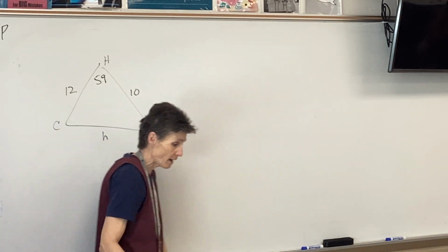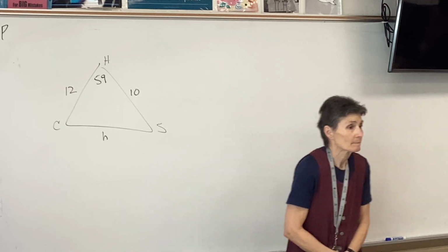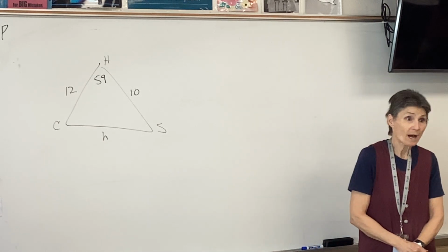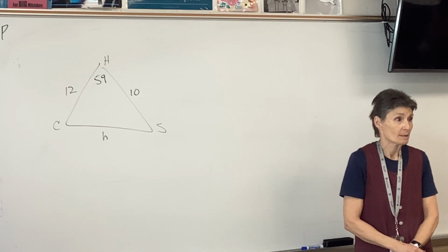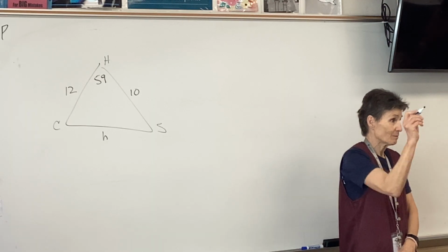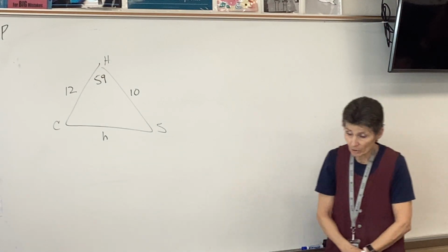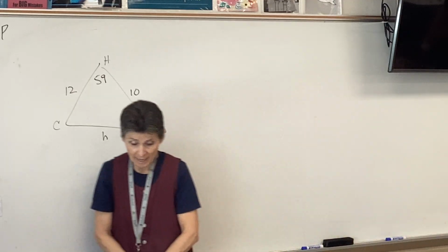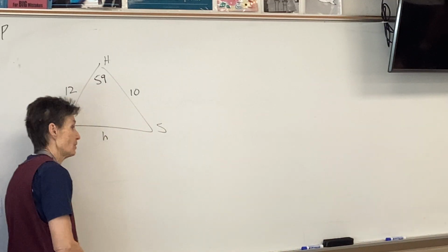You are not going to do what you did on the quiz. Because what do you not have? If you can't do the law of sines, then we'll have to do the law of cosines.